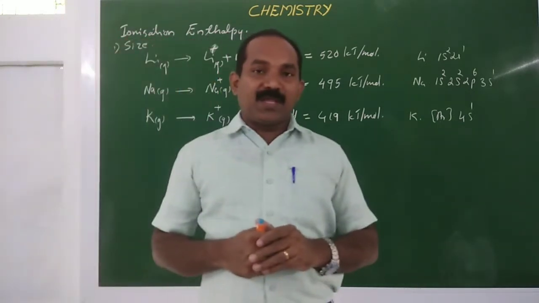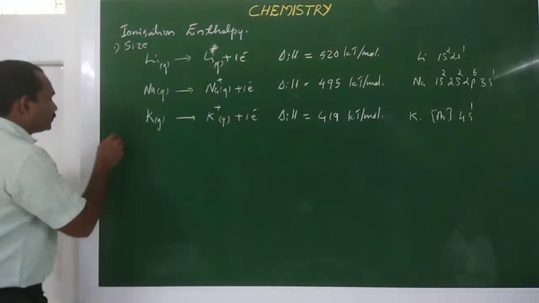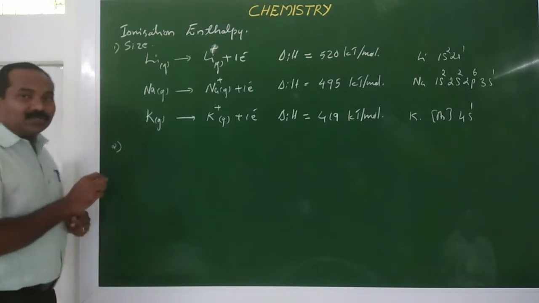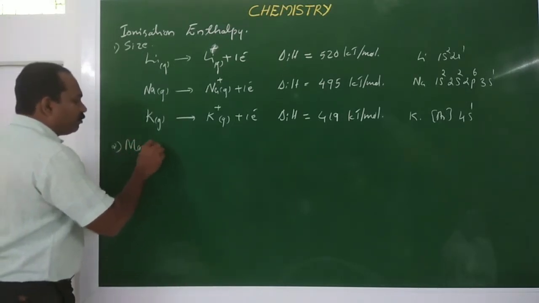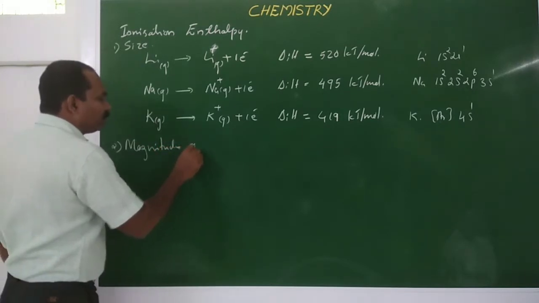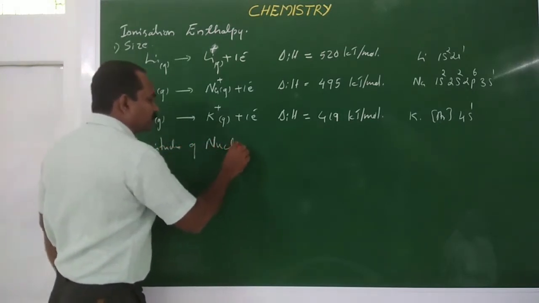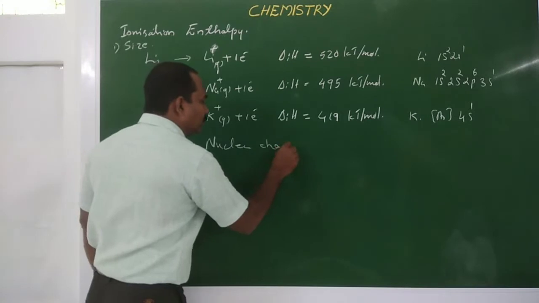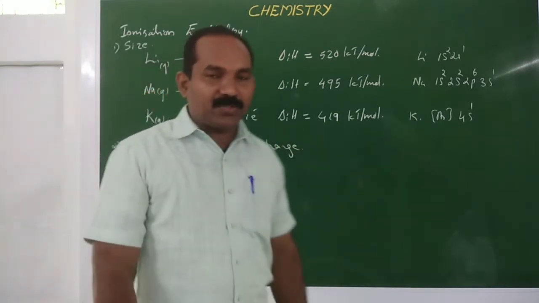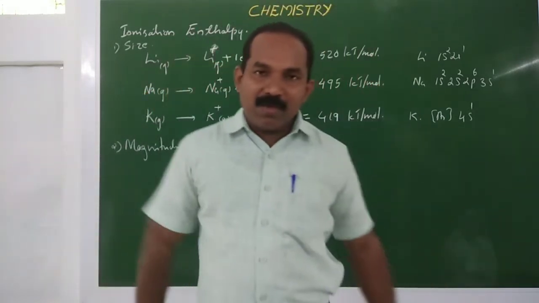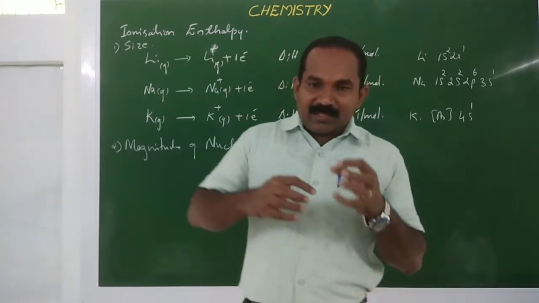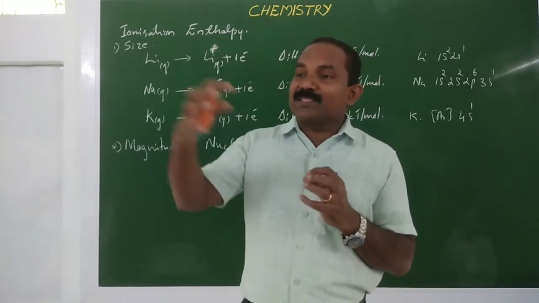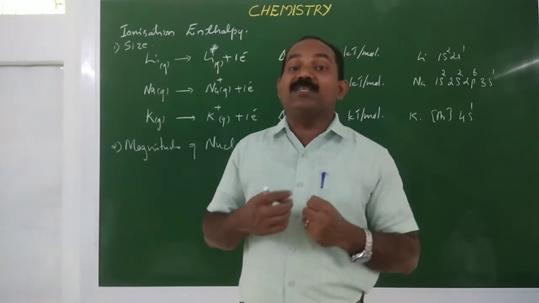First factor is size of the atom, and the second factor is magnitude of nuclear charge. When the nuclear charge increases, the attraction between the nucleus and the valence shell electron increases.